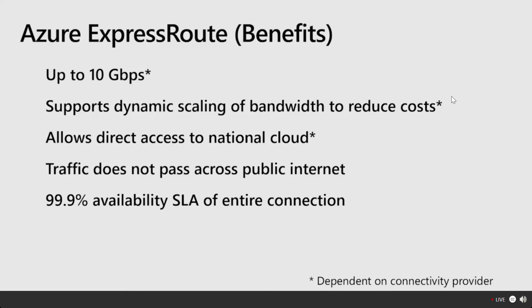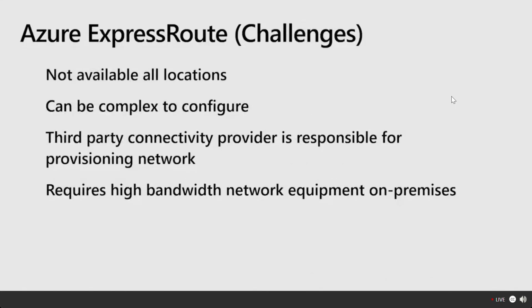But the key point is that this traffic between you and Azure via this ExpressRoute connection will not pass across the public internet. And because of that, you get this benefit of a 99.9% availability service level agreement of this entire connection. Remember, that's different to the VPN, where Microsoft was only guaranteeing their VPN gateway at their end. That all sounds pretty good, but there are a few considerations with Azure ExpressRoute.